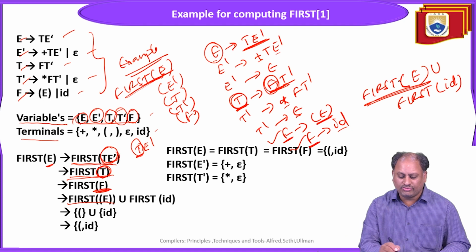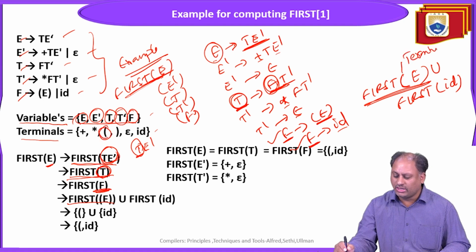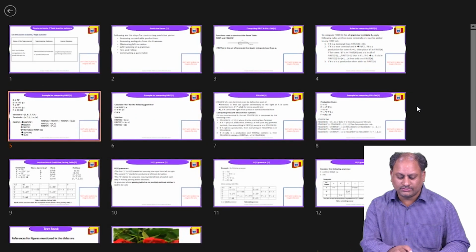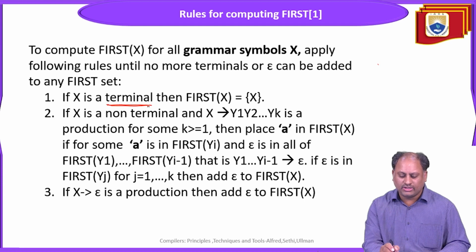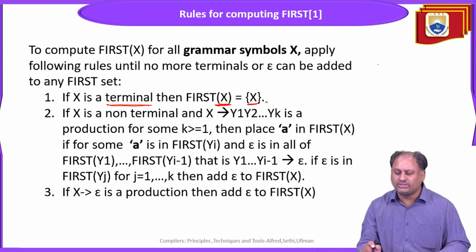If we observe this, it is a non-terminal. Left parenthesis is a terminal. Since it is a terminal, then according to rule 1, as the rule says, we have to include the first computation automatically as the result.